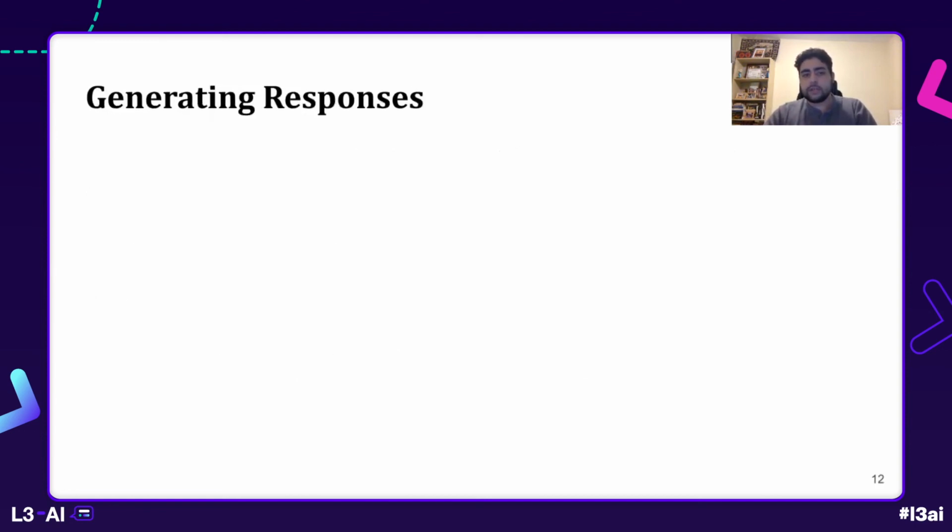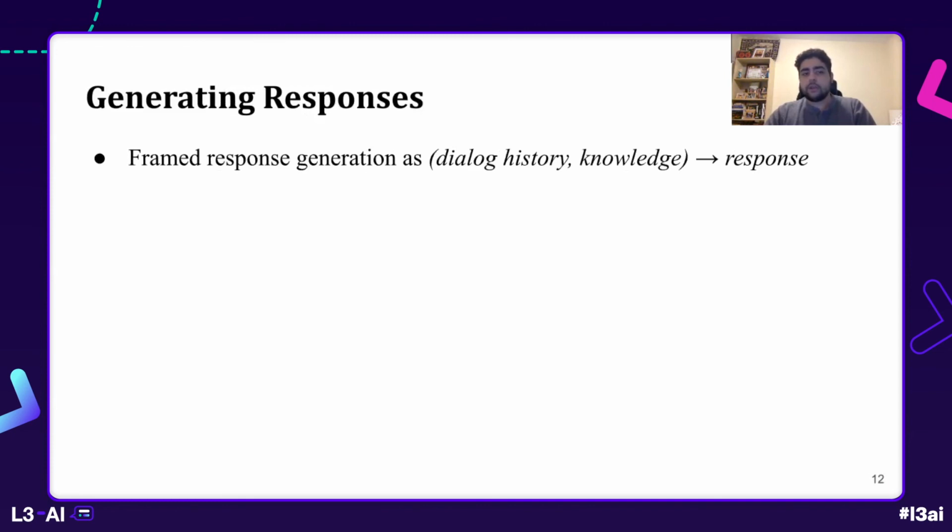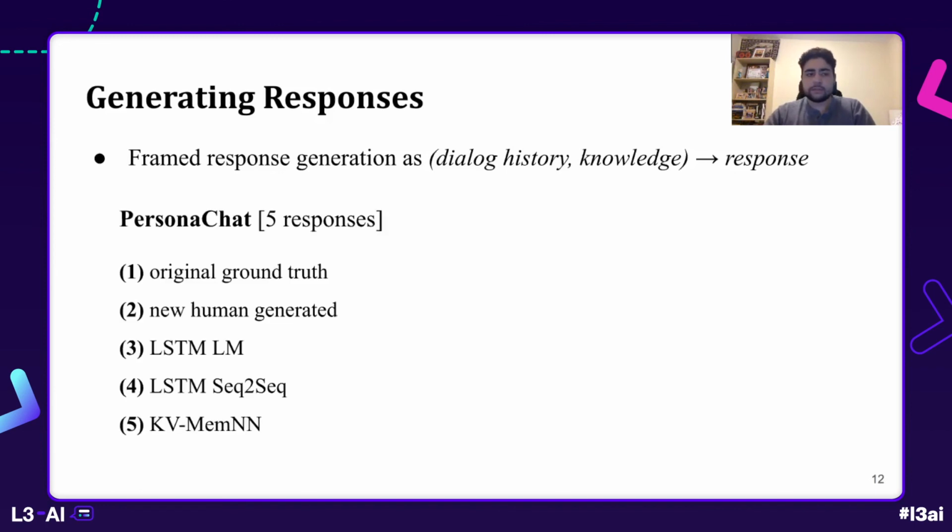So how do we generate these responses? First of all, we framed response generation as the task of going from a dialogue history and some knowledge to a response. This knowledge in PersonaChat is the persona. In the Topical-Chat dataset, it is some interesting fact.